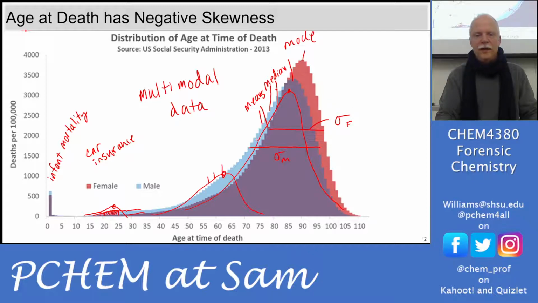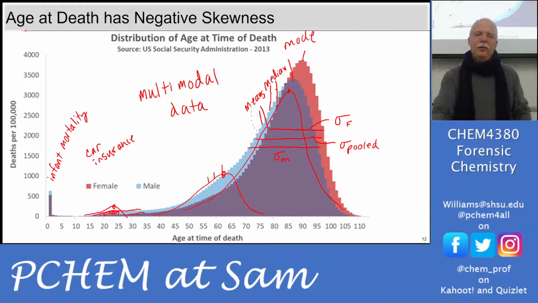And then the pooled standard deviation would be the combination of those somehow pooled. And then we would look at those means, do that whole t-test and get an experimental value, and then compare that to a critical value.